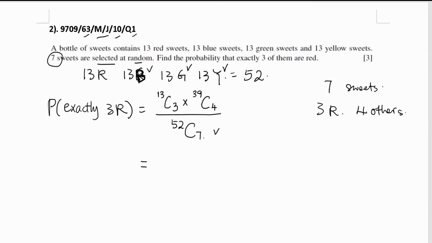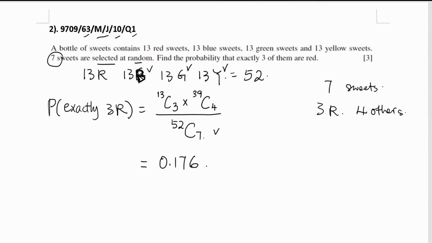All right, then we just press the calculator: 13C3 times 39C4 divided by 52C7. The probability is 0.1758, and hence 0.176.